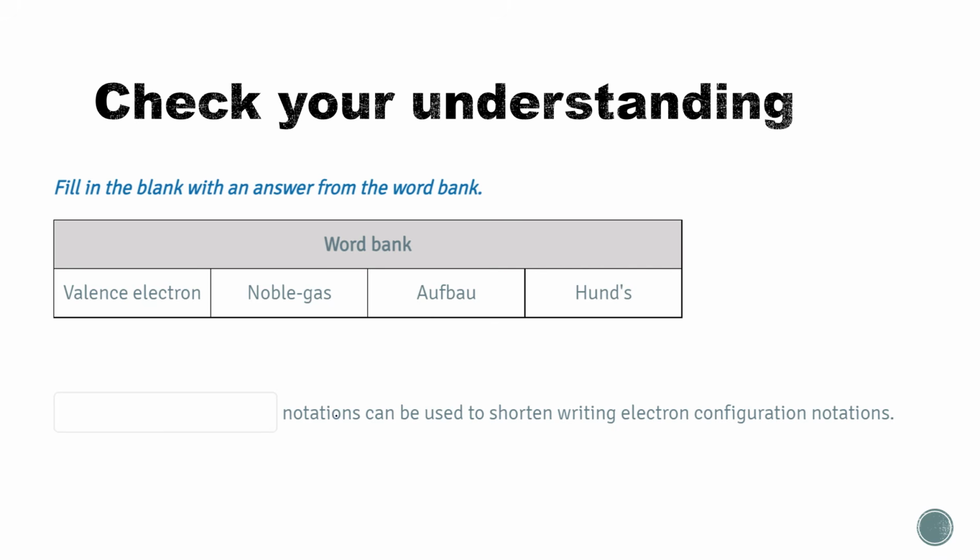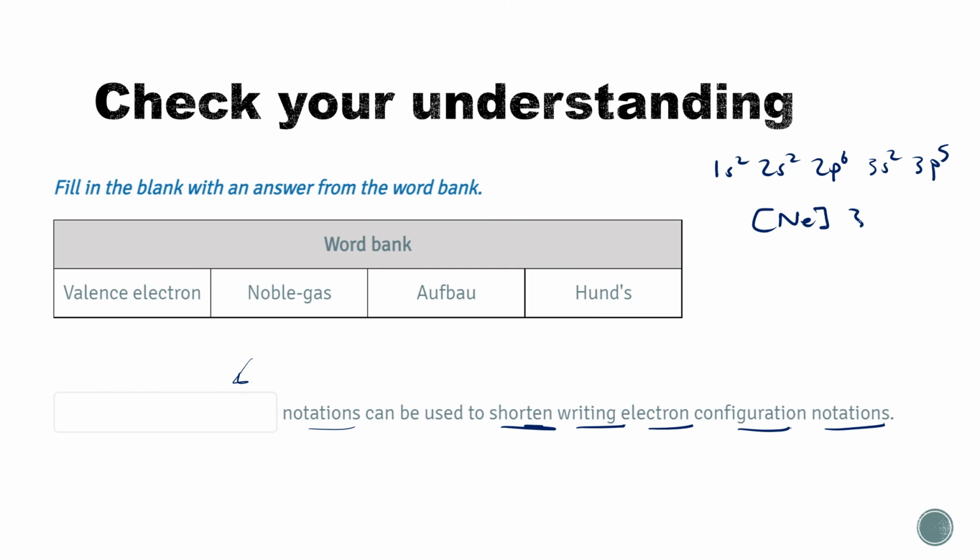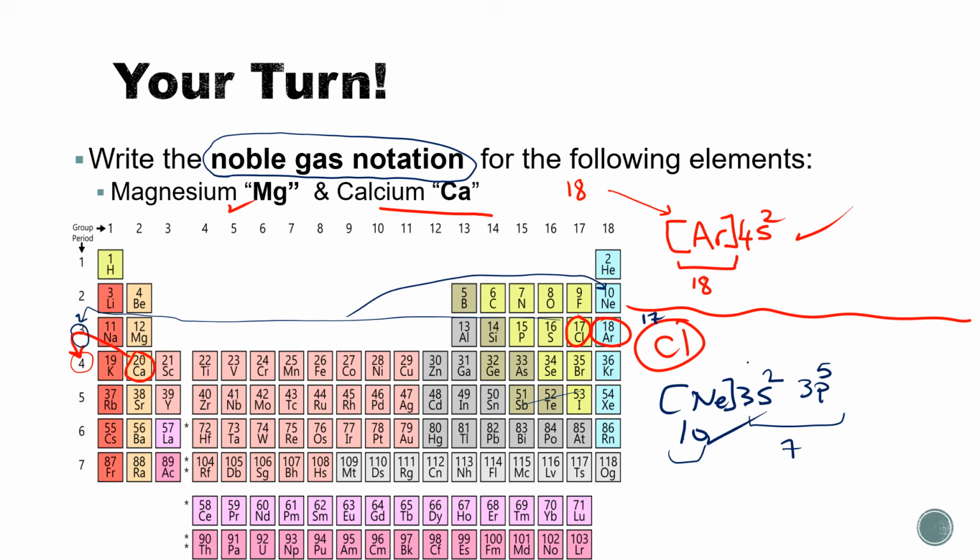So, which of these words should we put here? Something notations can be used to shorten writing electron configuration notations. So, instead of writing 1s2, 2s2, 2p6, 3s2, 3p5, we just said Ne, 3s2, 3p5. This was for chlorine, the last page, remember?